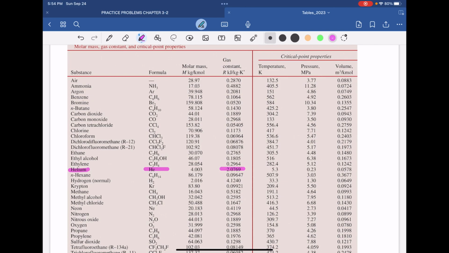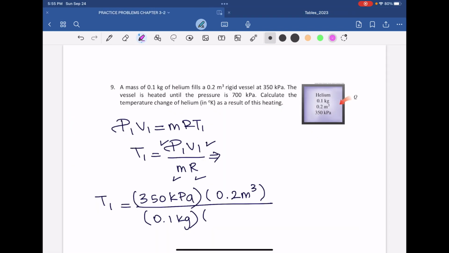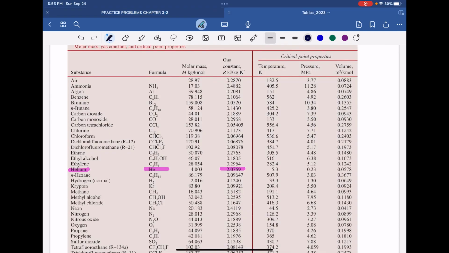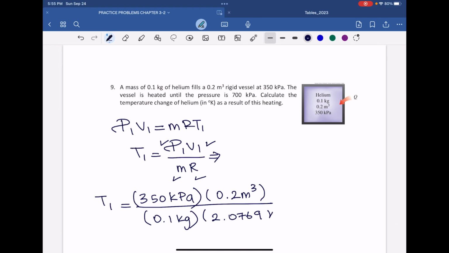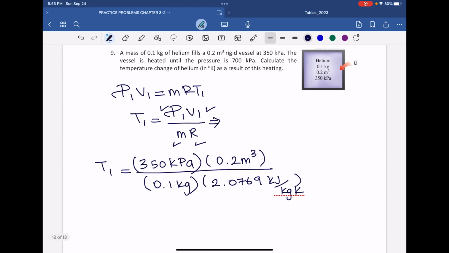Okay, 2.07969. We can also read the unit, kilojoule per kilogram Kelvin. Okay, calculate it.